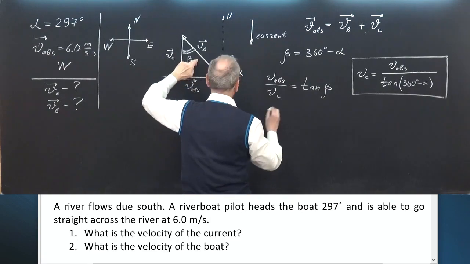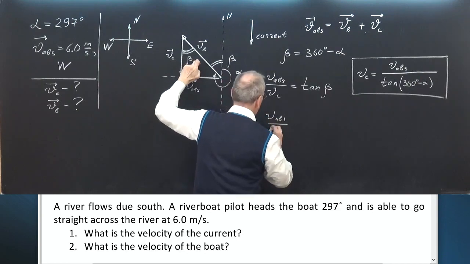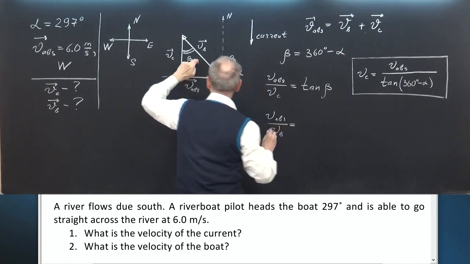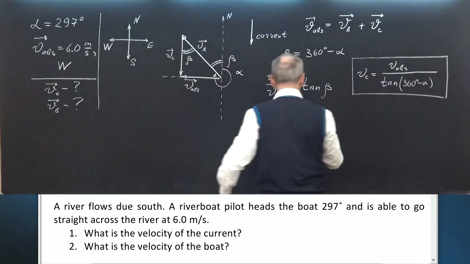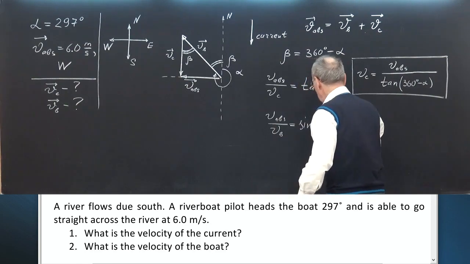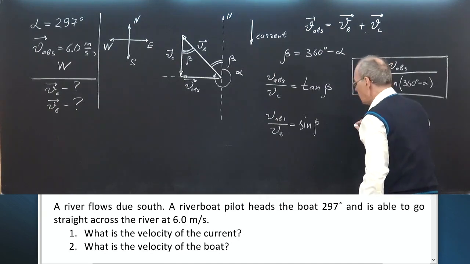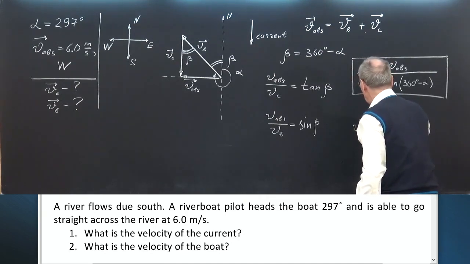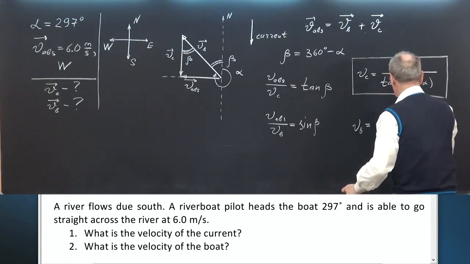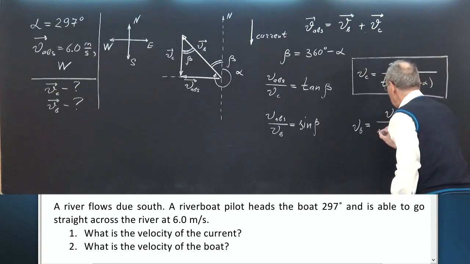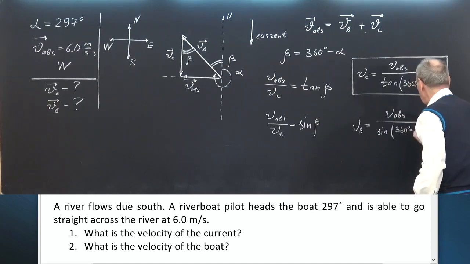So we can write V absolute over V boat equals opposite to hypotenuse is sine of beta, and hence V boat equals V absolute over sine of 360 degrees minus alpha.